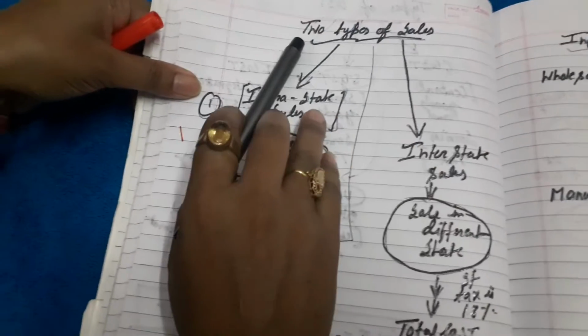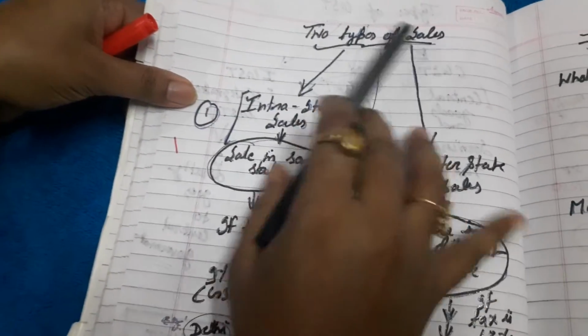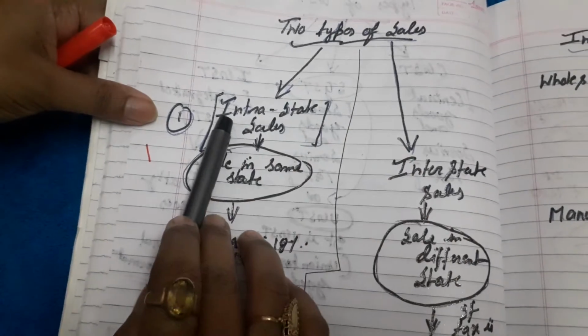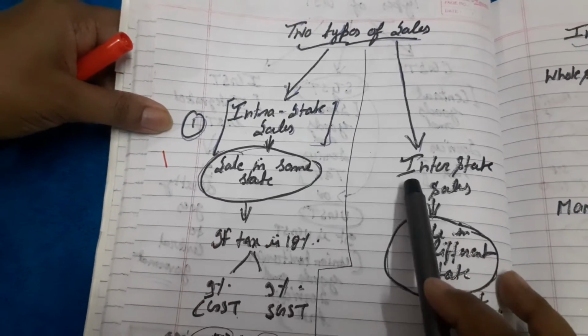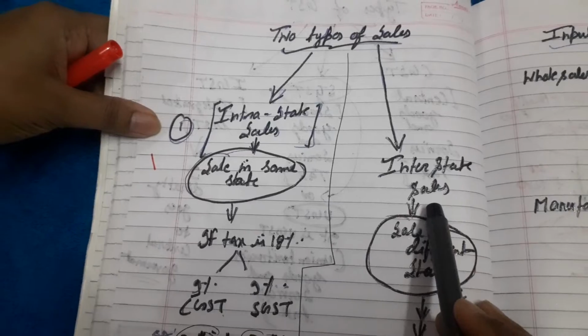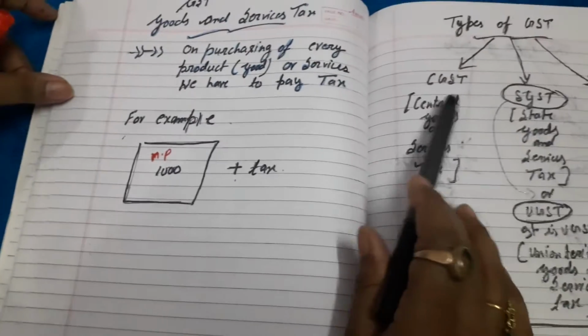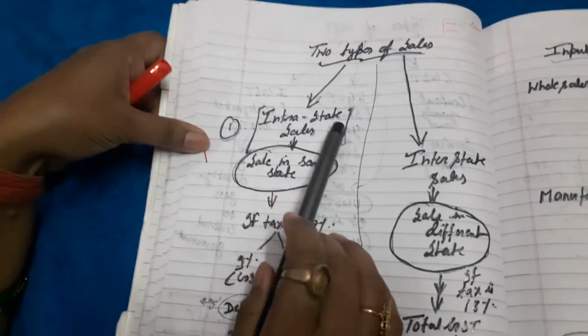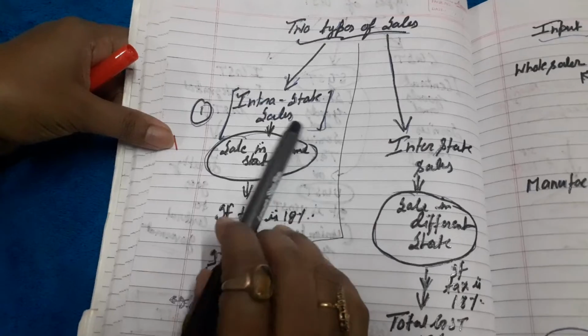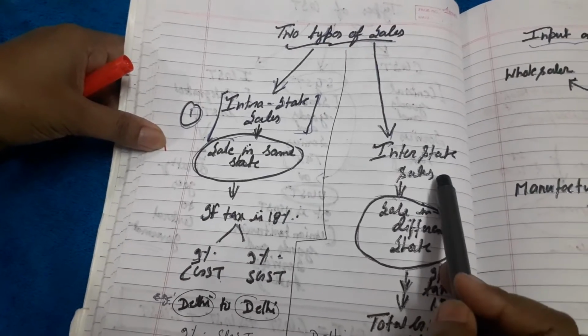Now we will learn about the different types of sales. There are two types of sales. First is intrastate sale and second is interstate sale. When you understand that, then again I will explain what is CGST, SGST and IGST. So try to understand these types of sales.